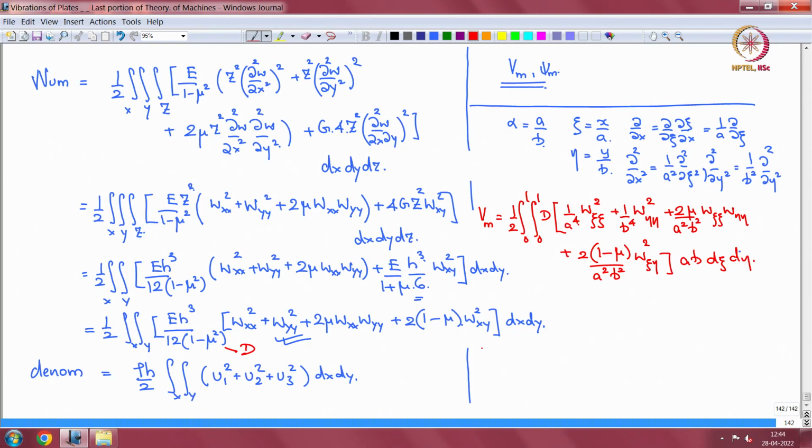So, that is equal to 1/2 integral 0 to 1 of D a b by a fourth, divide by a fourth outside, multiply by a fourth inside.